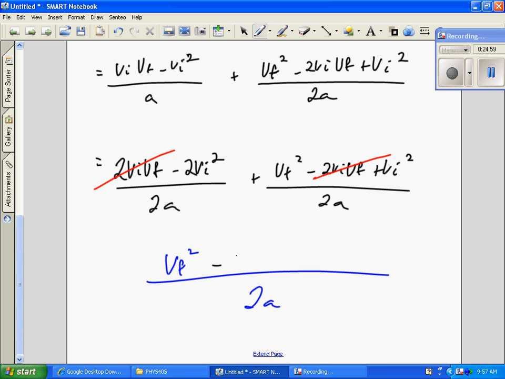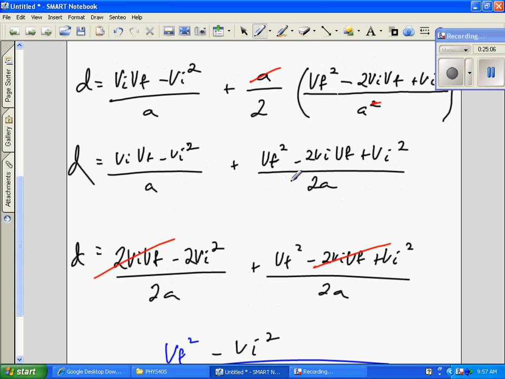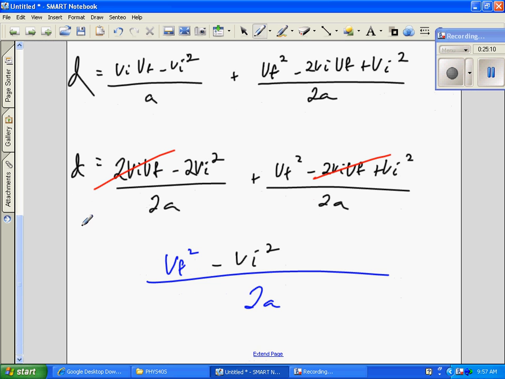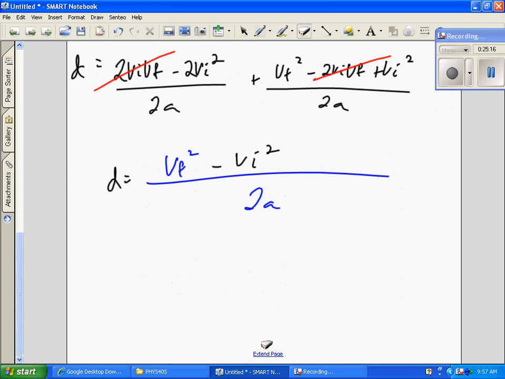Oh, and by the way, this is all equal to d. We had d right at the start there. We're talking about the displacement here. Is that the final one? Almost. You could write it like that if you want. We tend to write it like this. We're going to move the 2a up there. 2ad equals Vf squared minus Vi squared.